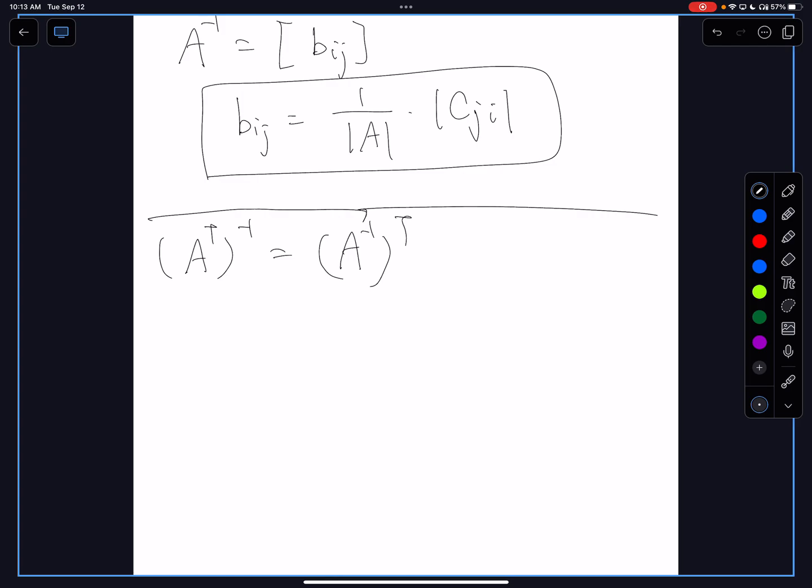Okay, this is not what I was going to say actually. Sorry. Basically the rest of chapter 5 is just application of this inverse matrix.